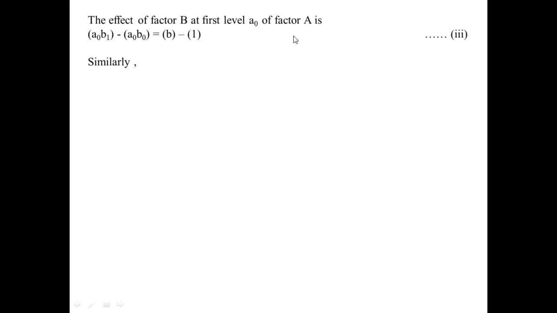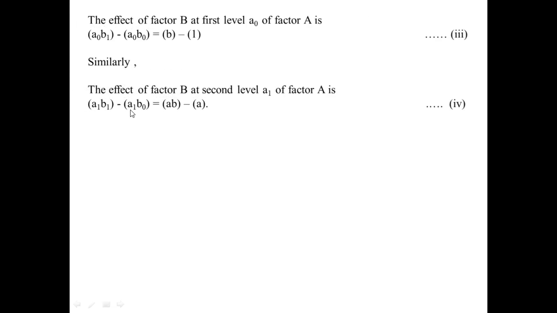Similarly, we find the effect of factor B at the second level of factor A. The second level of factor A is A1. How do we get the equation for this simple effect of factor B? It is A1 B1, since we consider factor A at high level, or second level. So we get A1 B1 minus A1 B0.